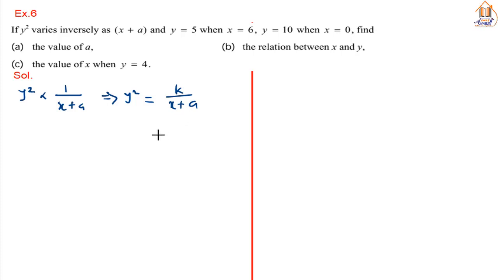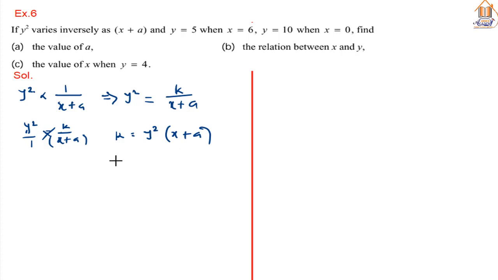Now, we are going to make k the subject of the formula. So y square all over 1 is equal to k all over x plus a. We cross multiply, so we have k is equal to y square open bracket x plus a close bracket.